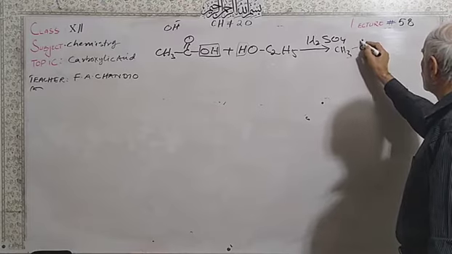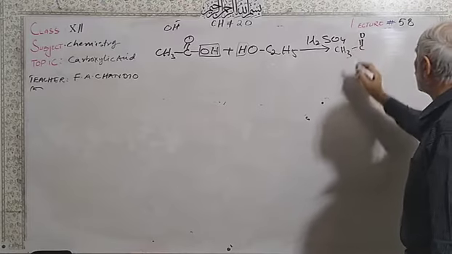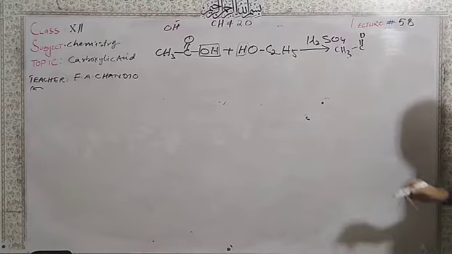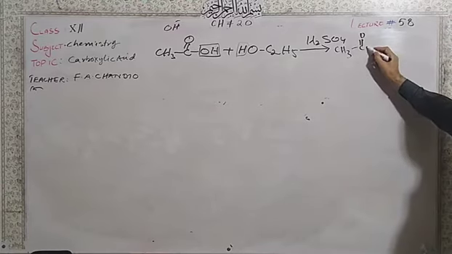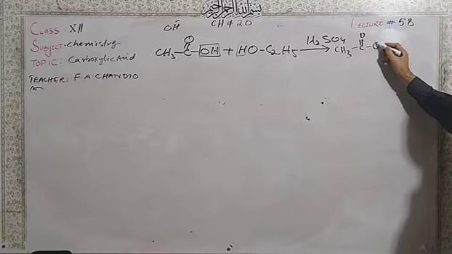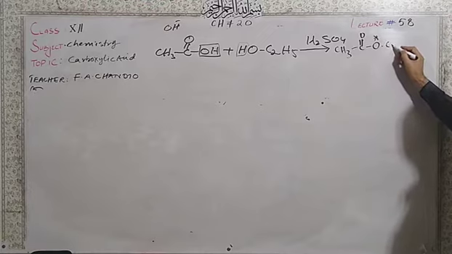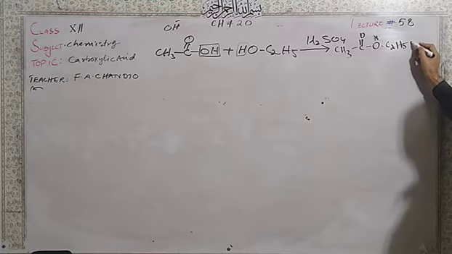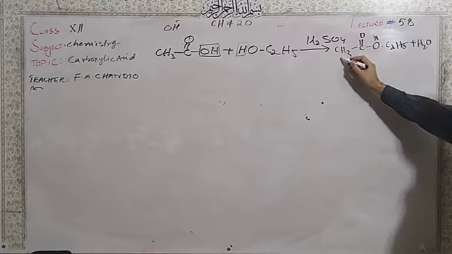CH3. This is the carboxylic acid portion. This is from the carboxylic acid, and this is the alcohol portion. I am going to separate it. So this is the ester.